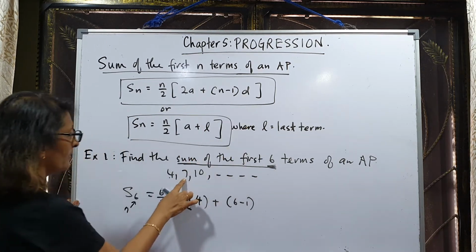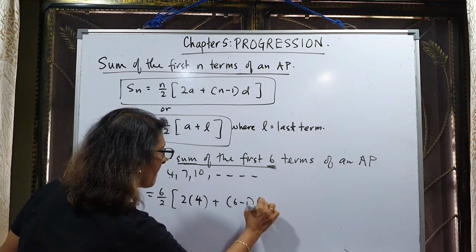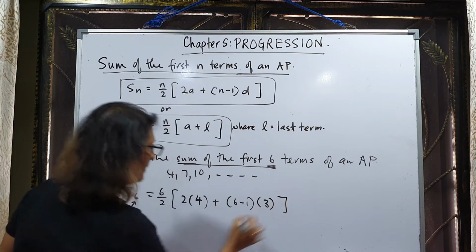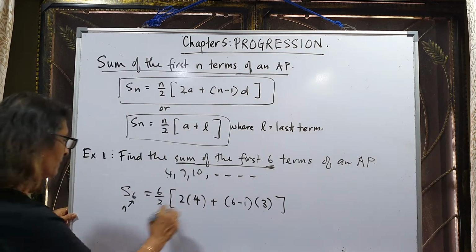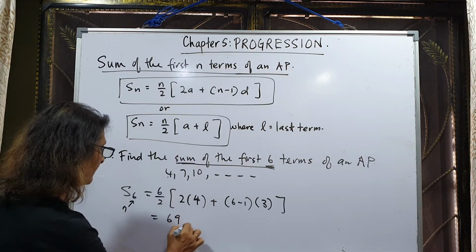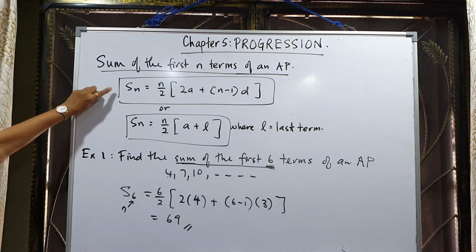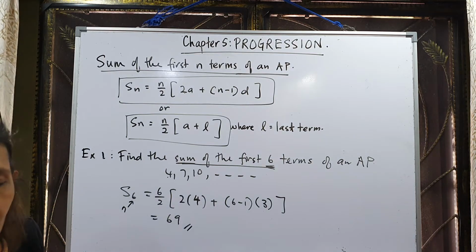What is d? 7 minus 4. 7 minus 4 is? Okay, like that. Just put in all the values into the formula and you get the answer. You calculate, you should get 69. Okay, so that's how we do the question like this. Okay, example 1 done. Okay, now I will show you example 2.